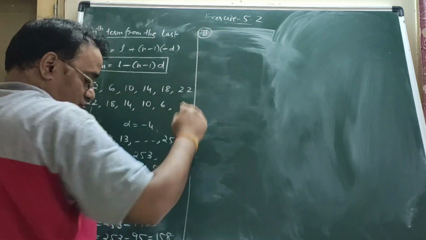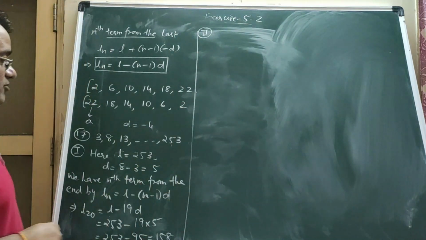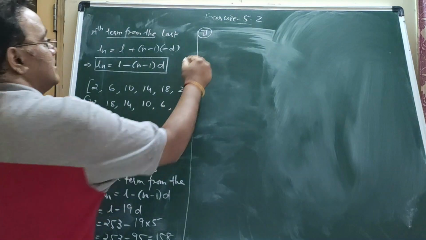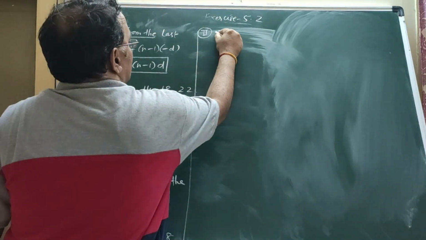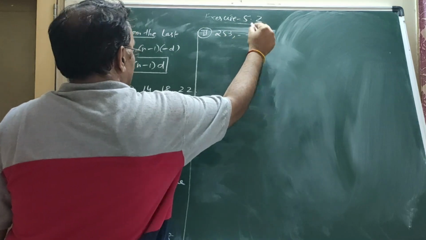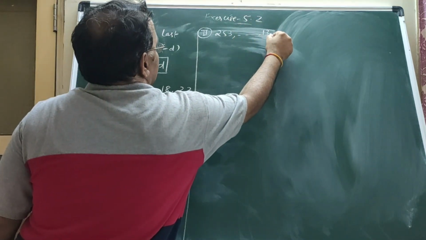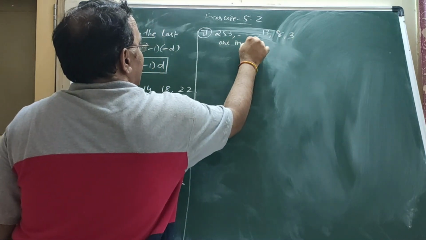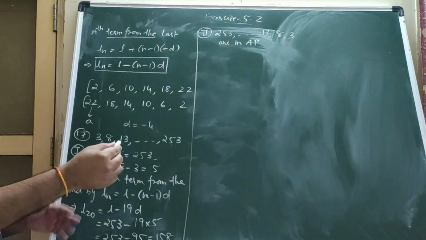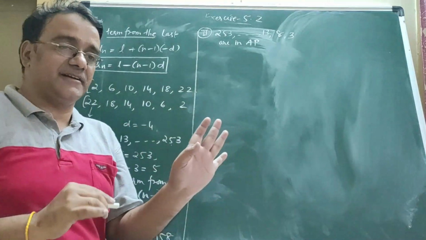अभी सेम क्वेश्चन को मैं दूसरे तरीके से बता रहा हूं. राइट. 253 ... 13, 8, 3 are in AP. अभी वो सीक्वेंस को हम लोग पलट दिए, रिवर्स कर दिए.